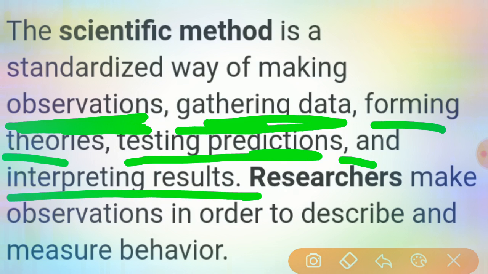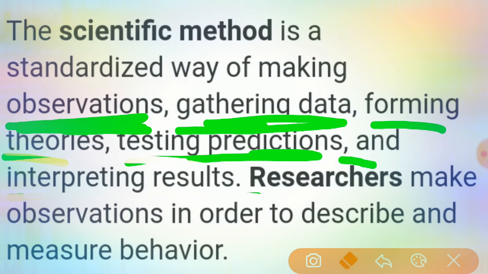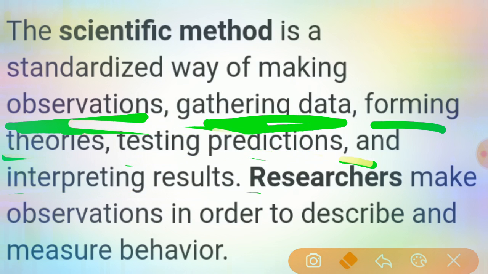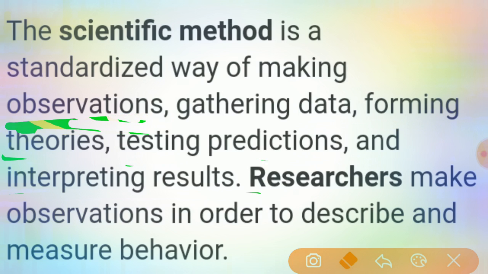The researcher makes observations in order to describe and measure behavior, whether the behavior of humans, of the environment, of an object or of any kind of material. It is an organized, logical approach to solve a problem, to answer questions, or to know the exact fact of a particular situation. So this is the definition of the scientific method.